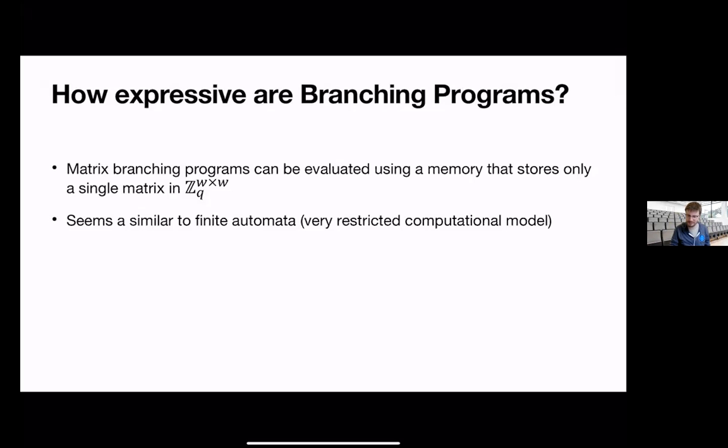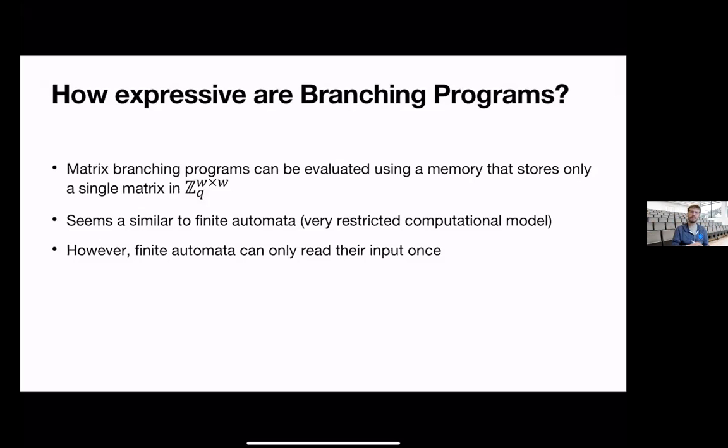Okay, so for time reasons, I'm just gonna tell you. Finite automata can only read their input once, right? A finite automaton gets an input string x1, x2, x3, x4, and each of these input bits can only be read once. You read this input bit or symbol, you perform an operation, and then this input symbol is gone.